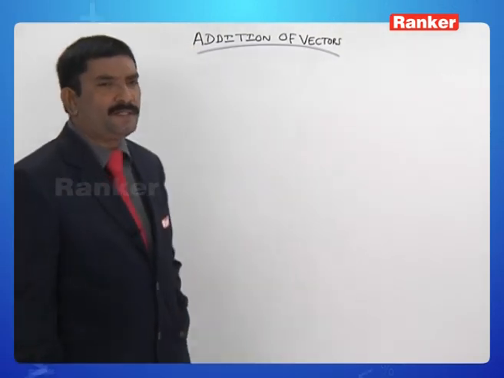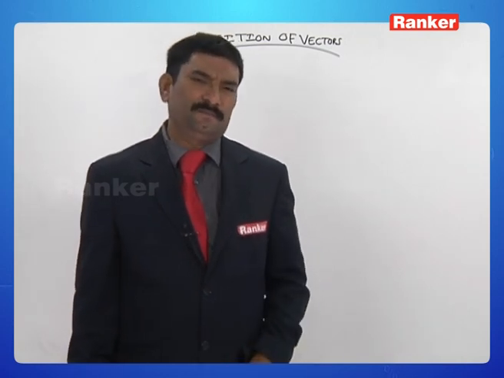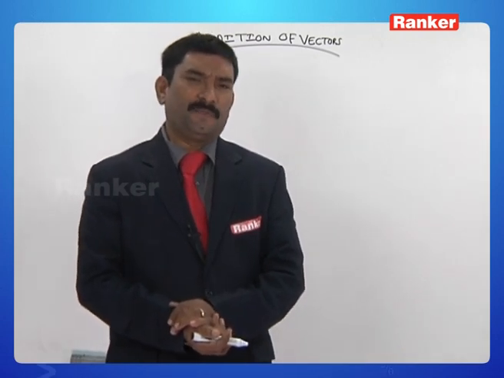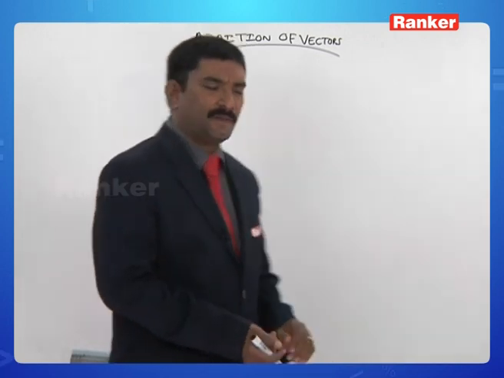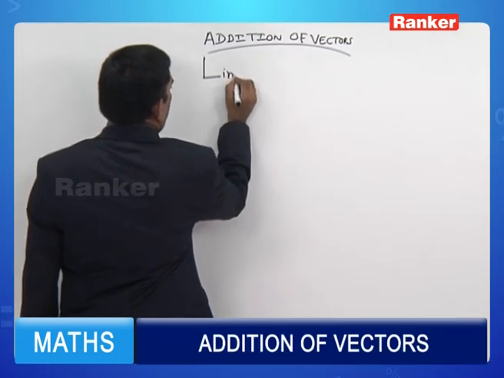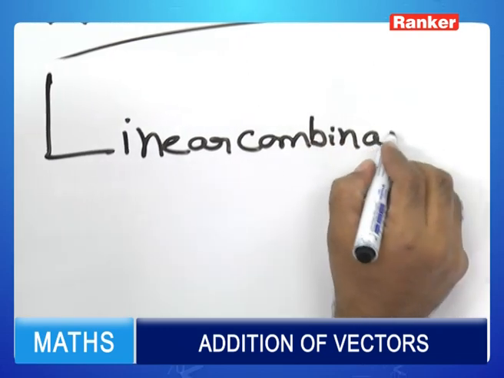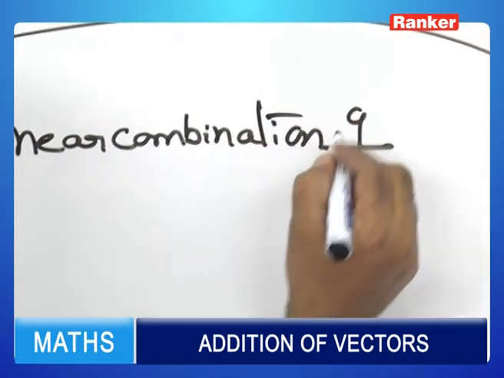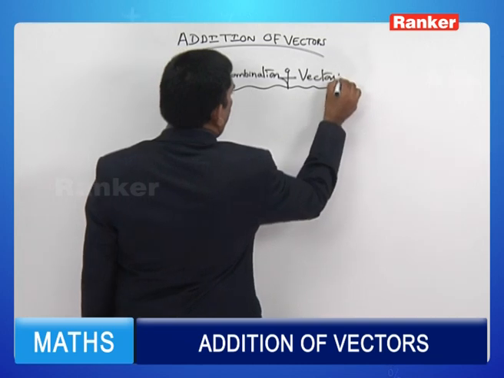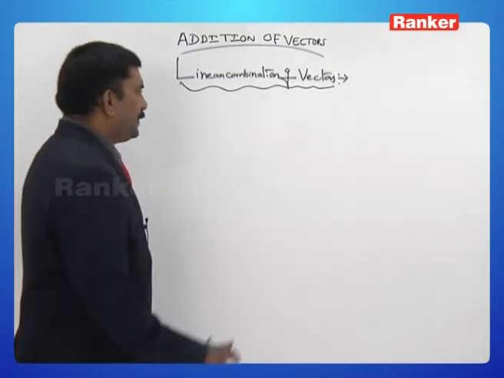After the direction cosines and direction ratios, let us discuss the definition of linear combination of vectors. What is linear combination of vectors?